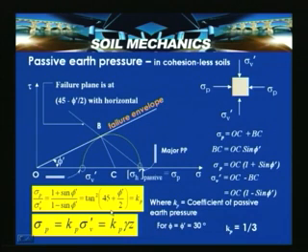Passive earth pressure, indicated as sigma p, is equal to Kp times sigma v dash, where sigma v dash is equal to gamma z at a depth z from the ground surface. So, in case of the passive state, Kp is defined as the coefficient of passive earth pressure. For phi dash equal to 30 degrees, Kp is equal to 3. This was wrongly indicated on the slide, and the correct value is 3.